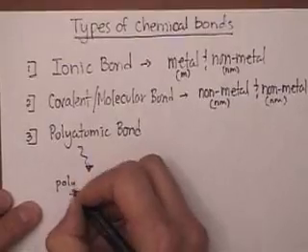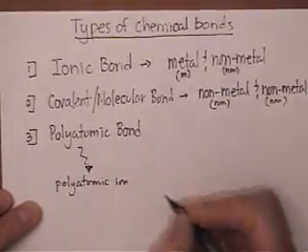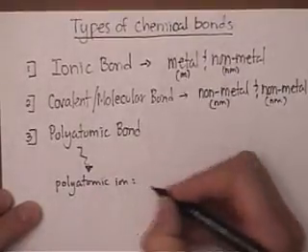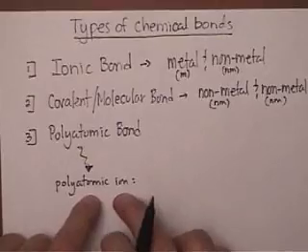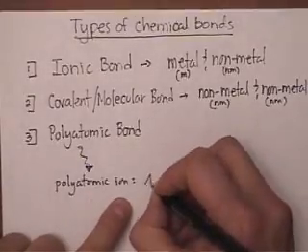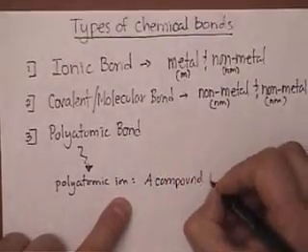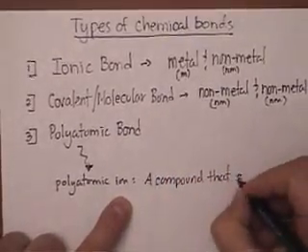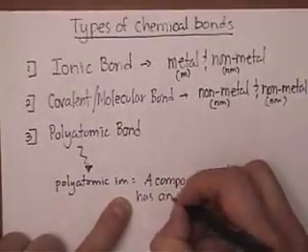This polyatomic ion is when you already have a chemical bond and that group of elements still has an ionic charge. So this is a compound that still has an ionic charge.